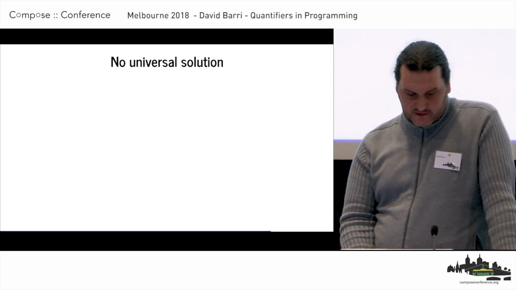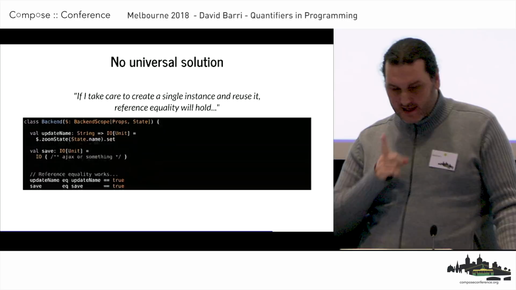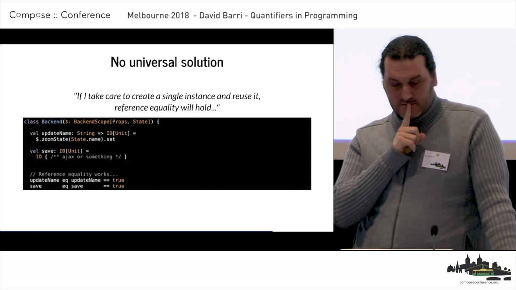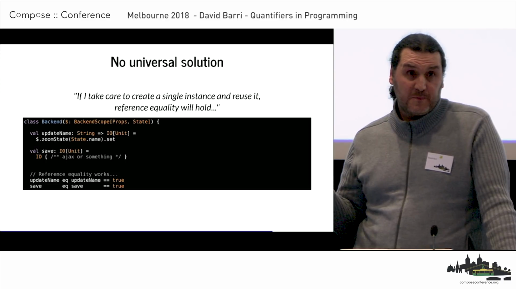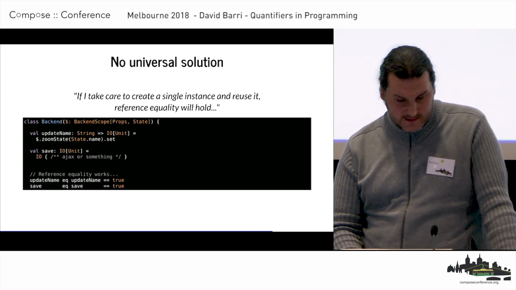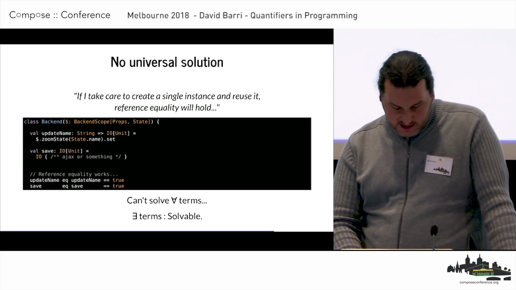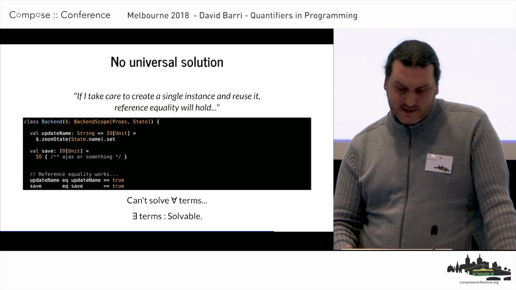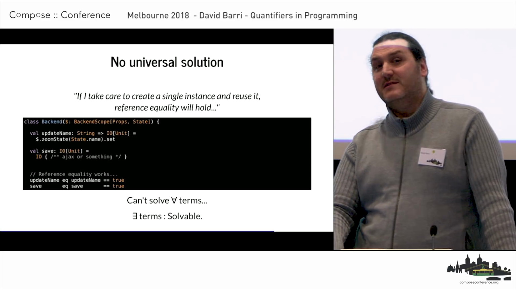There is no universal solution, but I thought to myself, well, if I take care to create a single instance of these and take care to reuse it as well, then reference equality will hold. A different way of saying that is that we can't solve this for all terms, but there do exist terms such that it's solvable.